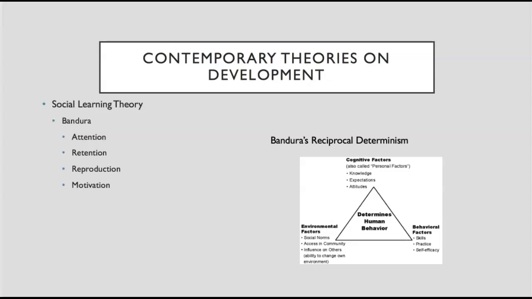The next contemporary theory is Albert Bandura's social learning theory. And this is based on the idea that there are 3 parts that determine our human behavior. And this is what Bandura referred to as reciprocal determinism. So all of these interact with one another, and they include our cognitive factors or our personal factors.